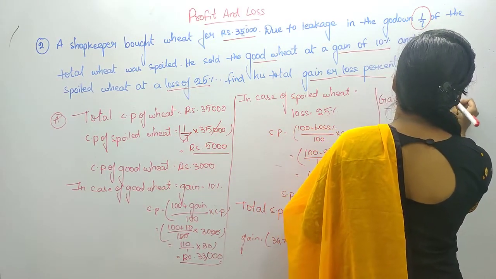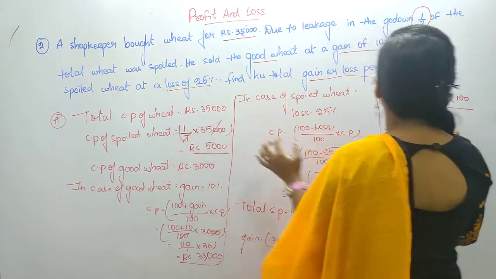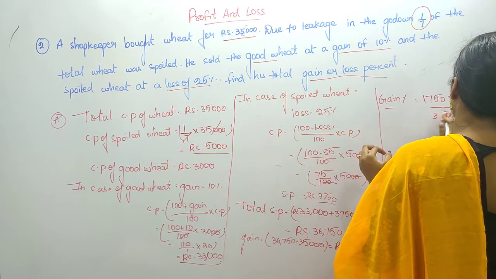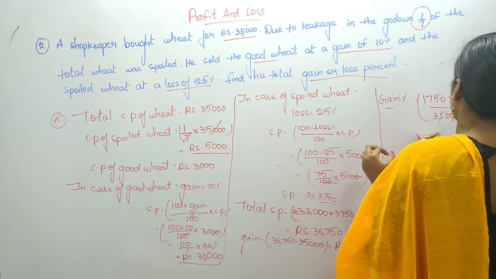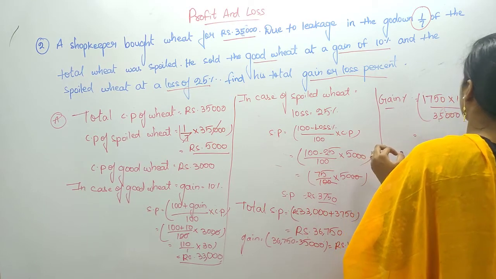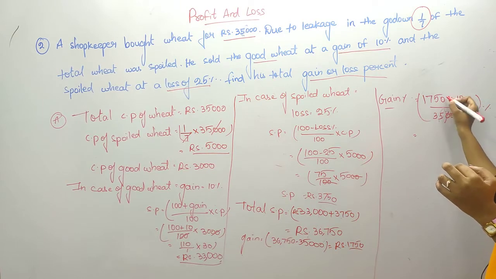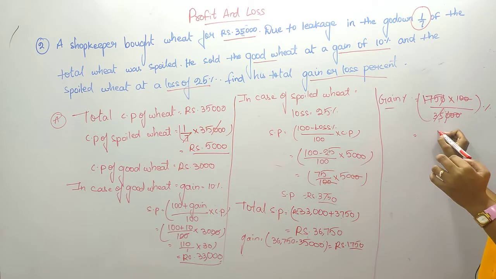So 1,750 into 100 by cost price 35,000. This is the gain percent. But we will solve this sum by doing the cancellation. Finally, we get 5%.